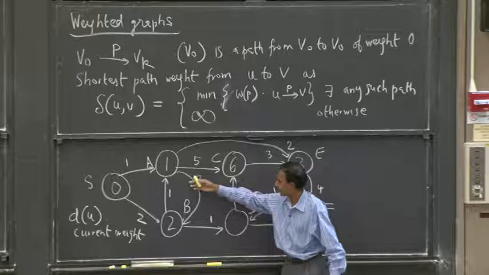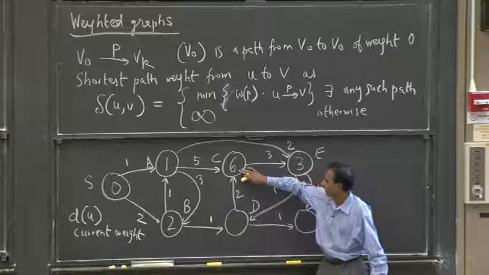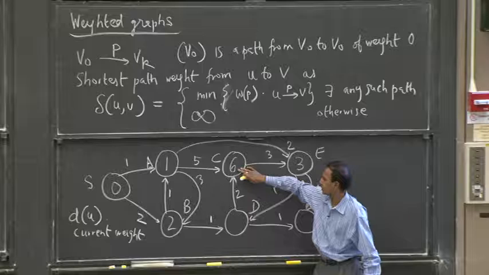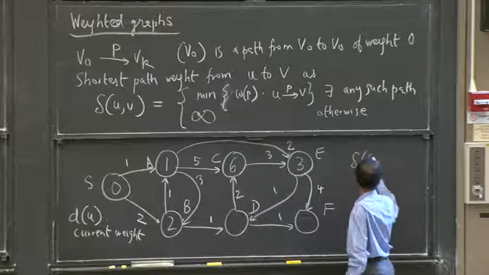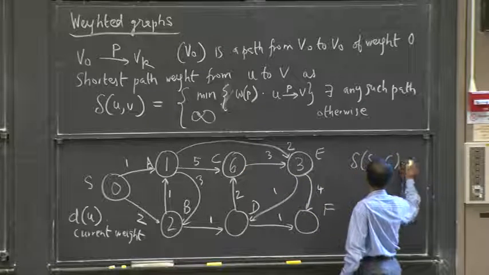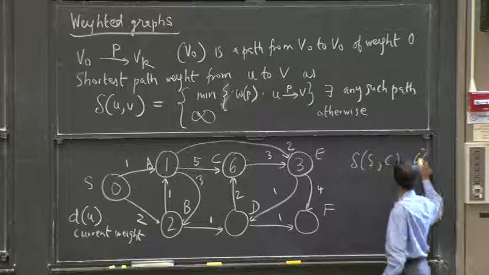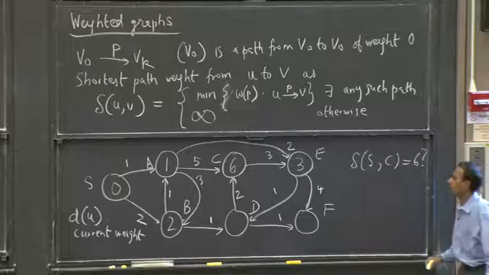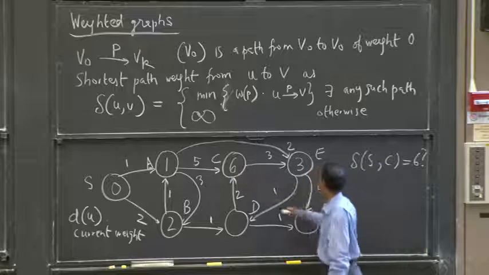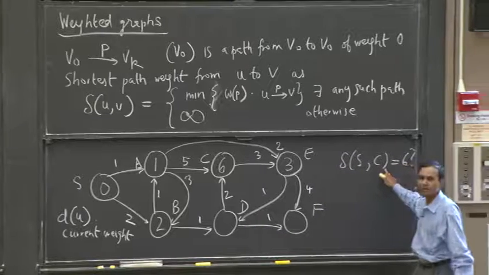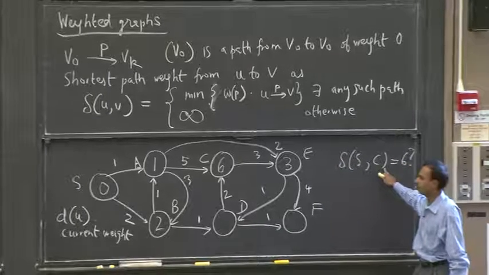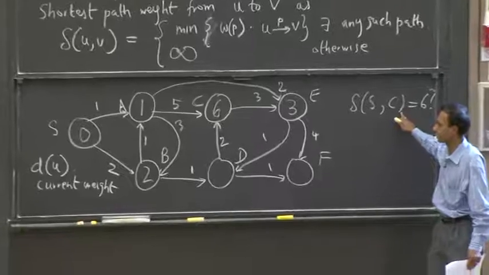Now, is it in fact true that that 6 is delta S comma C equals 6? No. Is there a better way of getting to C? And what is the weight of that? What vertex do I have to go through?